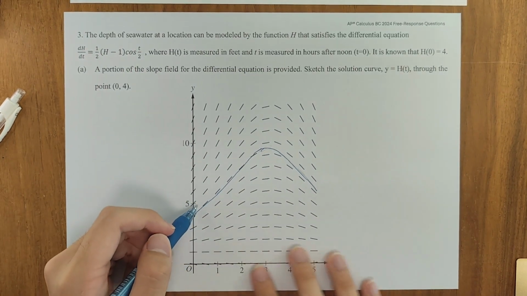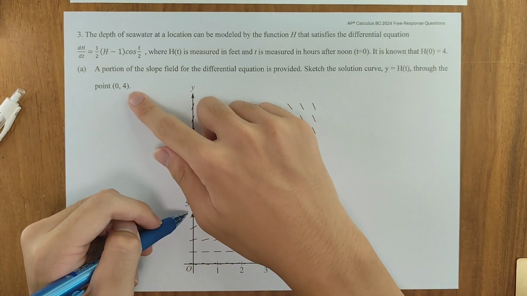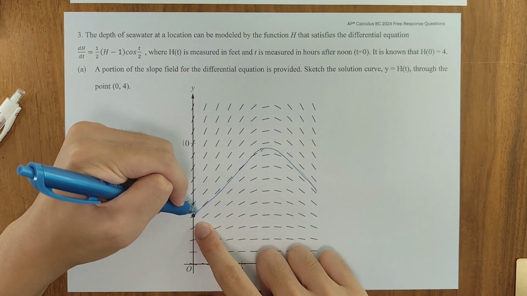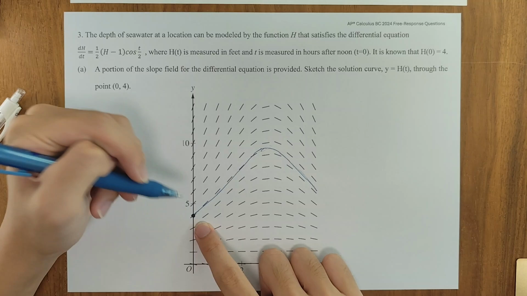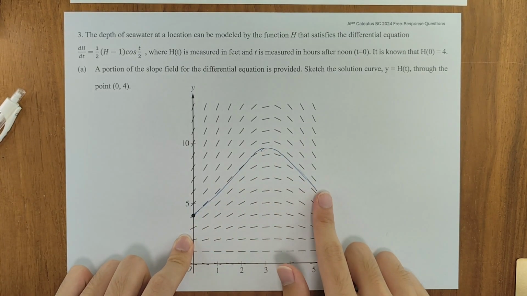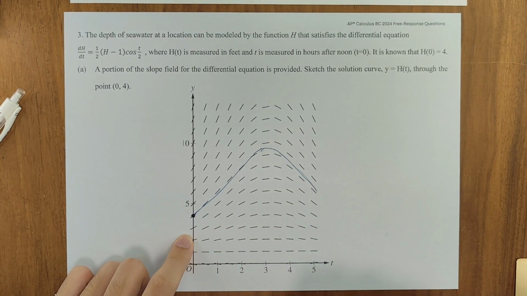So this is the curve. It must pass through the point (0, 4), and it should follow this trend.